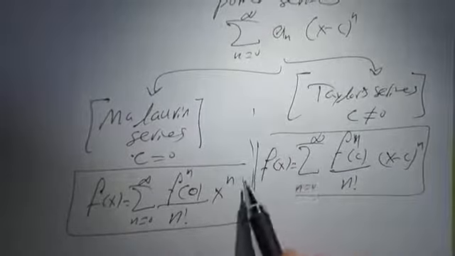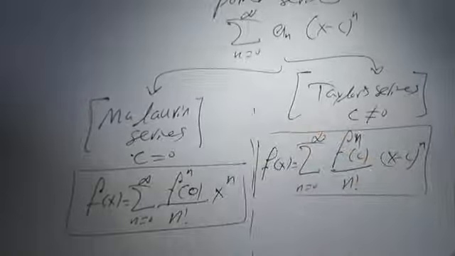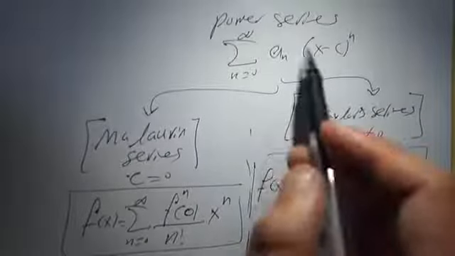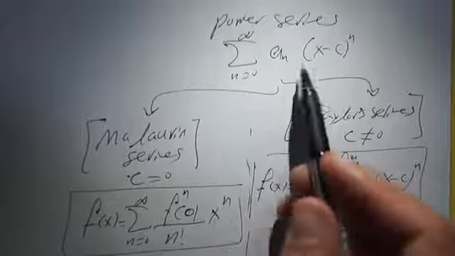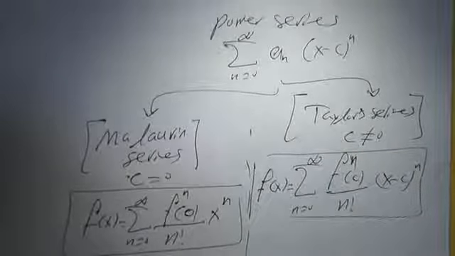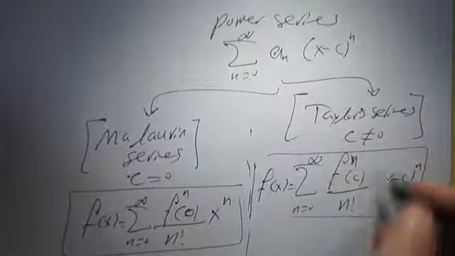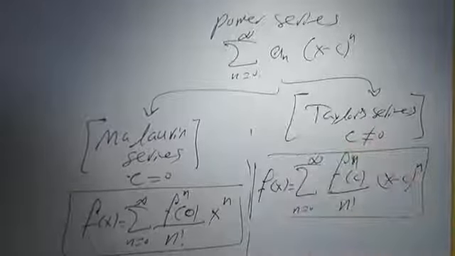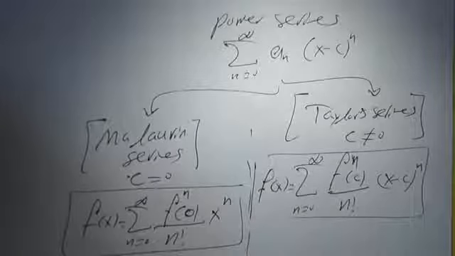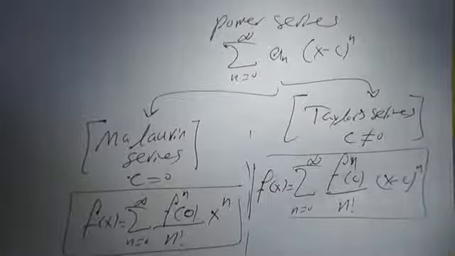Both came originally from power series. كلاهما في الحقيقة الهيكل الأساسي له هو الباور سيريز، لكن عندما c لا تساوي 0 نطلق عليها تايلر سيريز، وعندما c تساوي 0 نطلق عليها Maclaurin سيريز. الآن ممكن أن نأخذ مثال لتتضح الأمور بشكل أفضل.